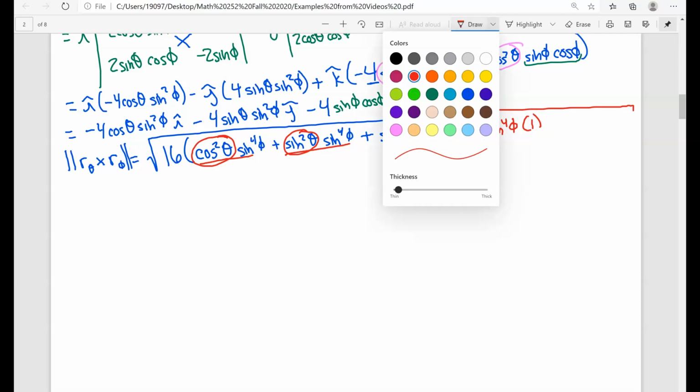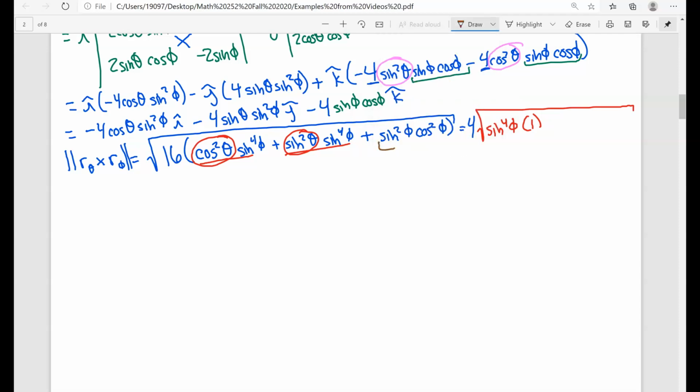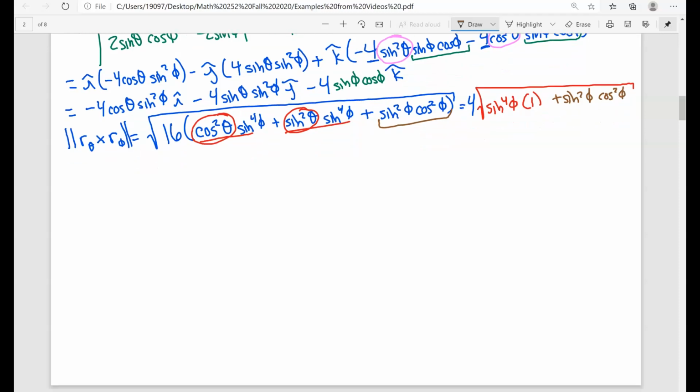And then the next one just stays there. So it's just going to be sine squared phi, cosine squared phi. And you can see now that I can factor out another term. I can now factor out a sine squared phi from both of these.